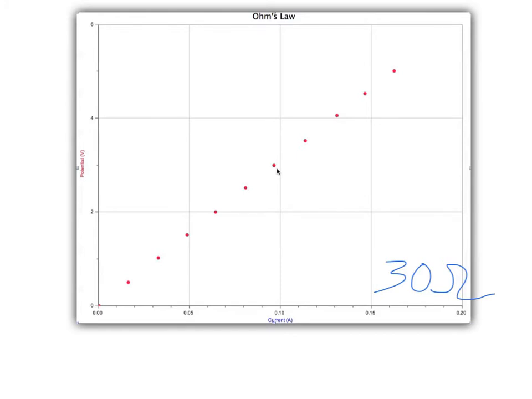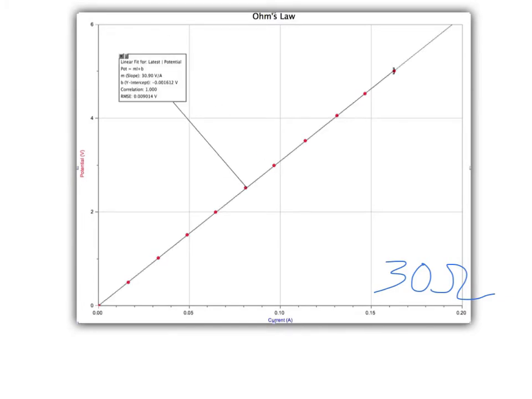Now the instructions for the lab said to choose linear fit and get the slope of it. And notice that that's what I get. And we were supposed to record the slope and the y-intercept. So if I do that, I can see that the slope is about 30.9.